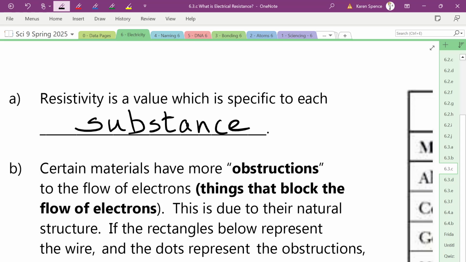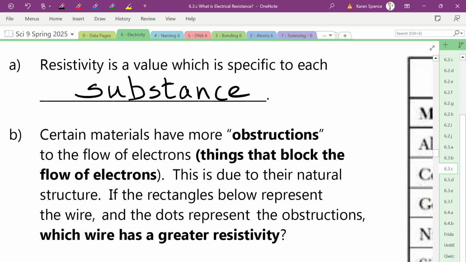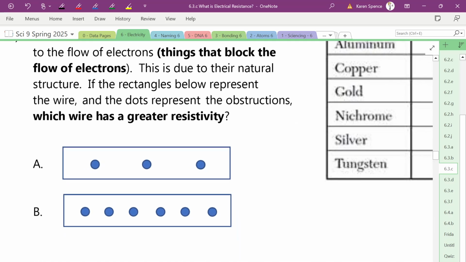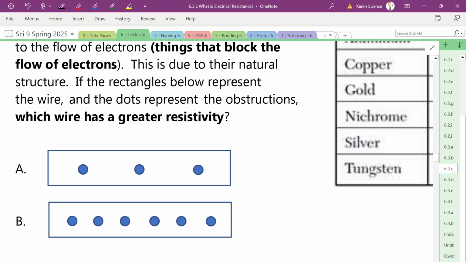Okay, resistivity is specific to each substance. Certain materials have more obstructions, other materials have less obstructions. This is due to their natural structure. If the rectangles below represent the wire, which wire has a greater resistivity, A or B?